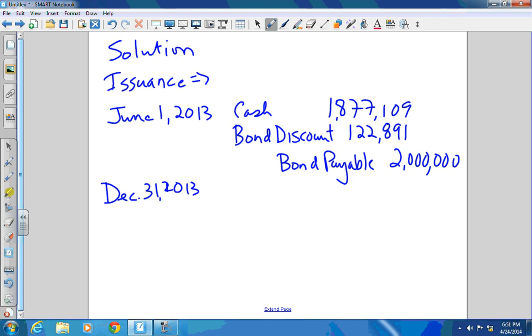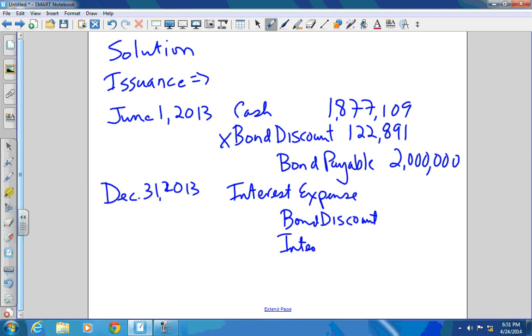And that's going to be interest expense, and remember, let's do the debits and credit. Remember, we have to get rid of this bond discount. So I'm going to credit bond discount. And remember that I'm not paying the interest yet, so it's going to be interest payable.